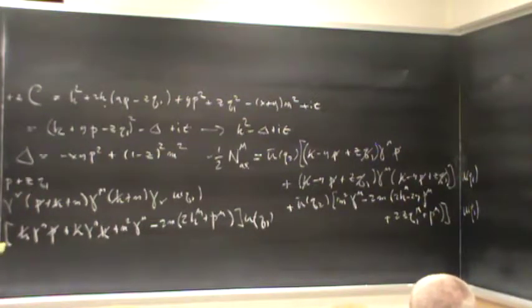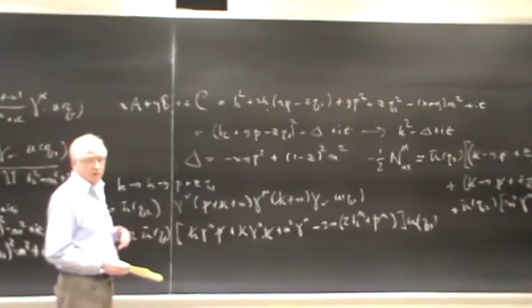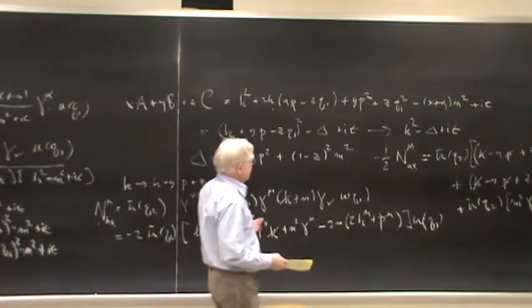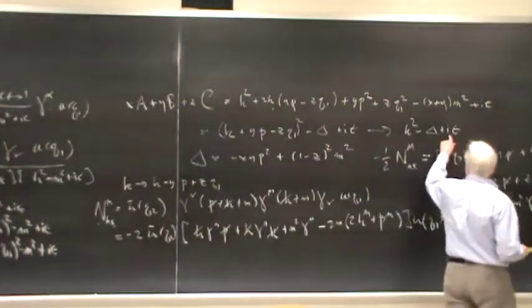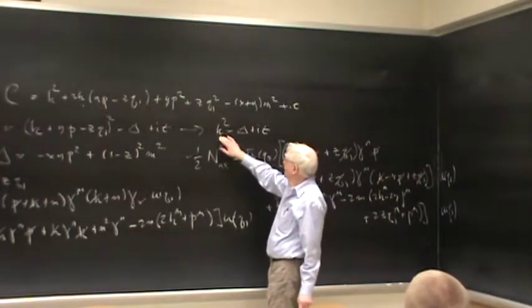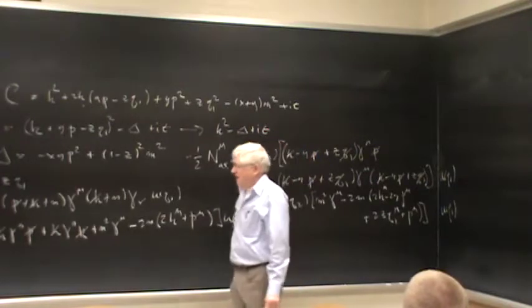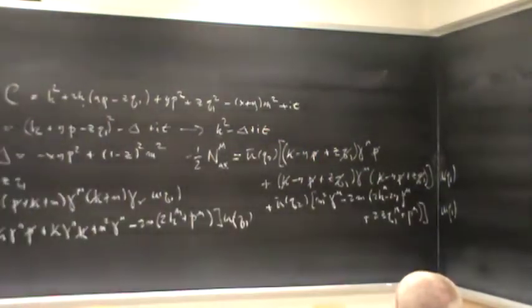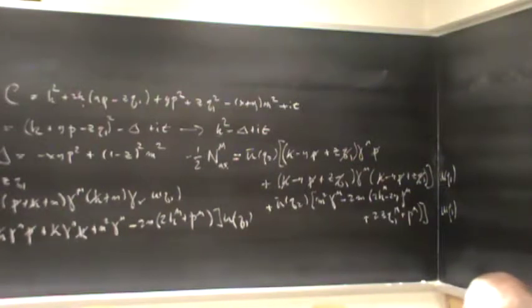Okay, now, of course, what we're going to do is the Wick rotation. The denominator, in other words, is k squared minus delta plus i epsilon. This then is k0 squared minus k squared. And when we do that rotation, everything becomes Euclidean, and the k squared is just a sum of k1 through k4 squared.